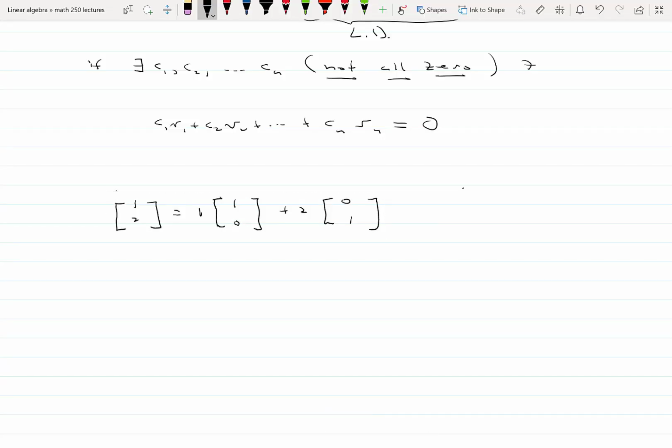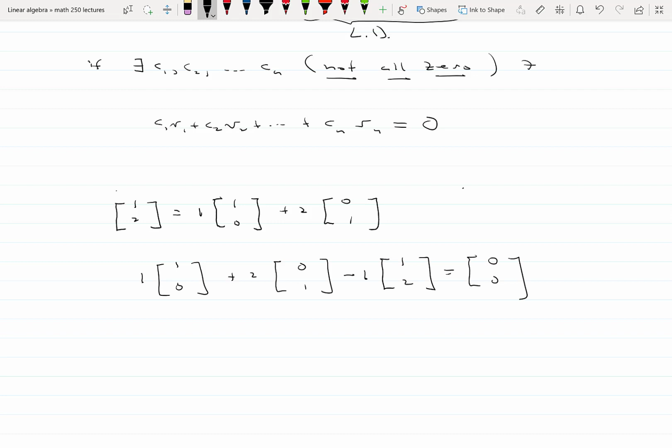What I determined above is that the column vector (1, 2) equals 1 times the first vector plus 2 times the second vector. Well, then that means that 1 times (1, 0) plus 2 times (0, 1) minus 1 times (1, 2) equals the zero vector.